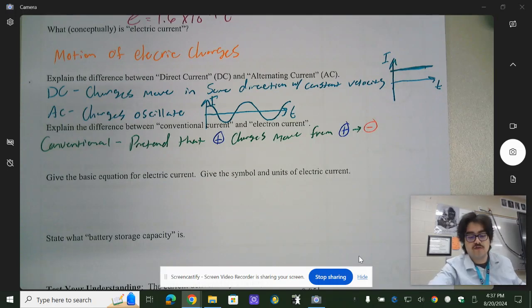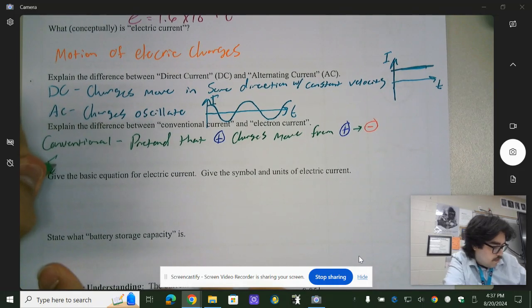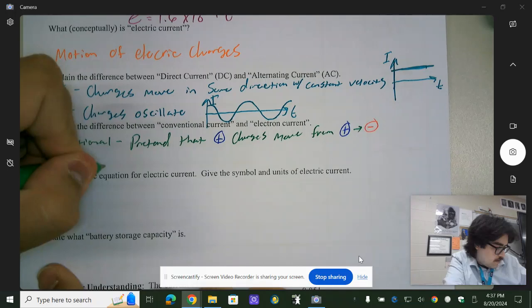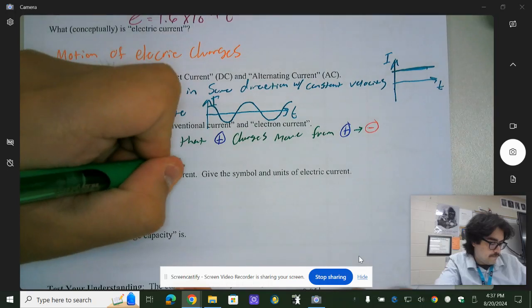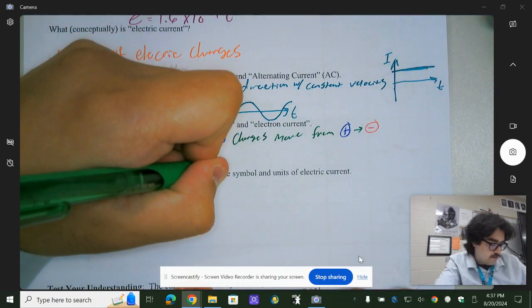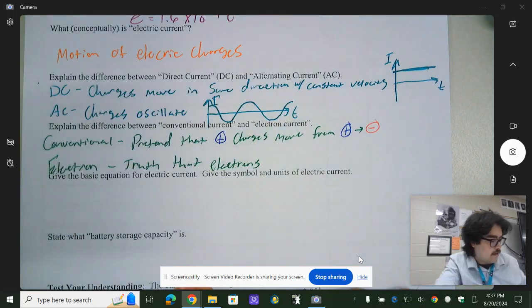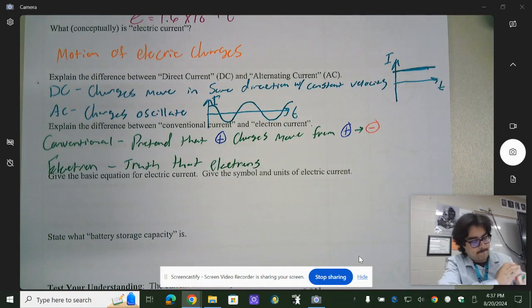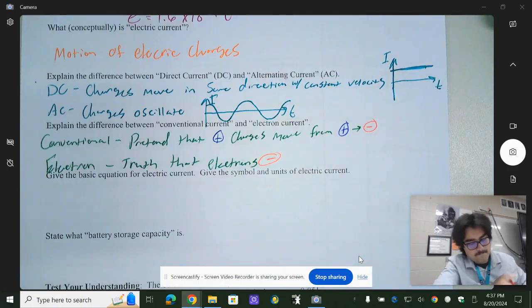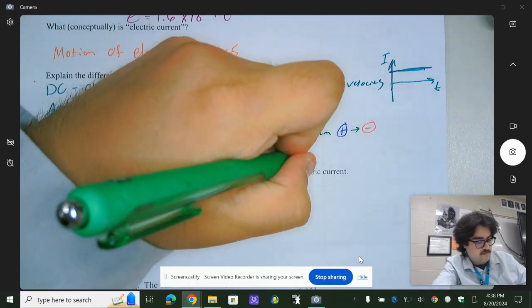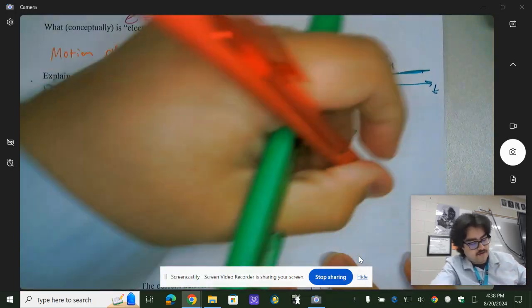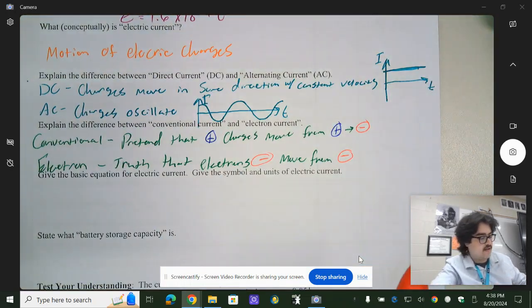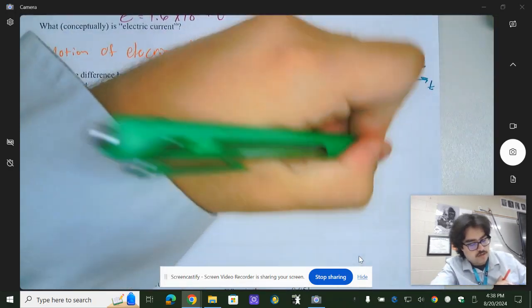However, that's actually not the truth. The truth is electron current: electrons move from the negative terminal or the negative area of charge to the positive.